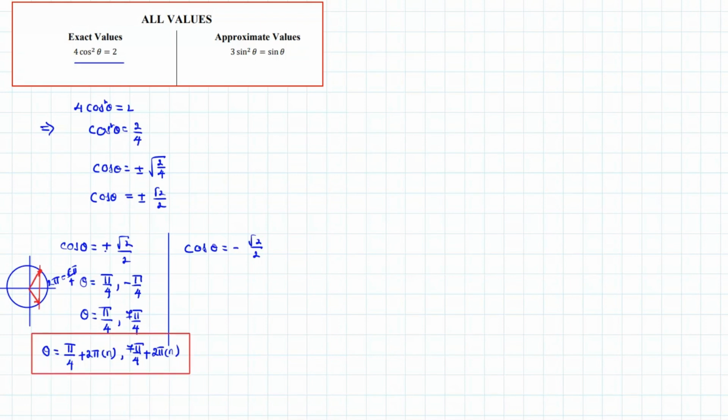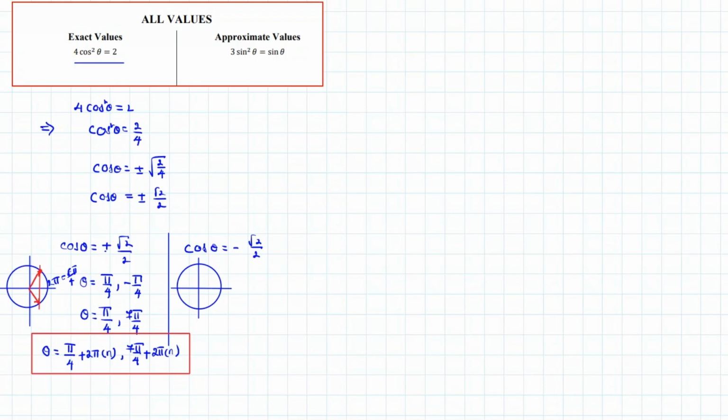Since cos is related to x, right, we draw the line x equal to negative root 2 over 2. This line intersects the unit circle at 2 points, in the second quadrant and third quadrant, right? So this one and this one.